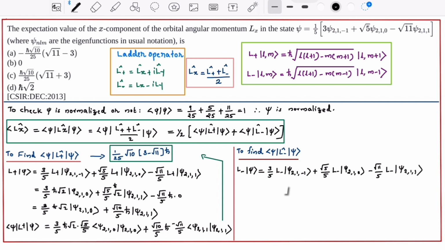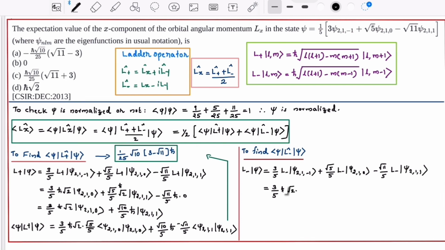This is equal to 3 by 5. The first term is 3 by 5 L minus psi 21 minus 1. When L minus operates on psi 21 minus 1, the answer is 0. So our first term becomes 0.